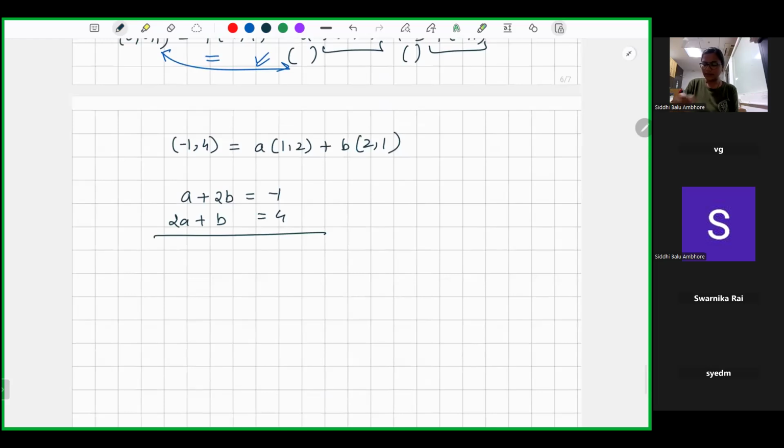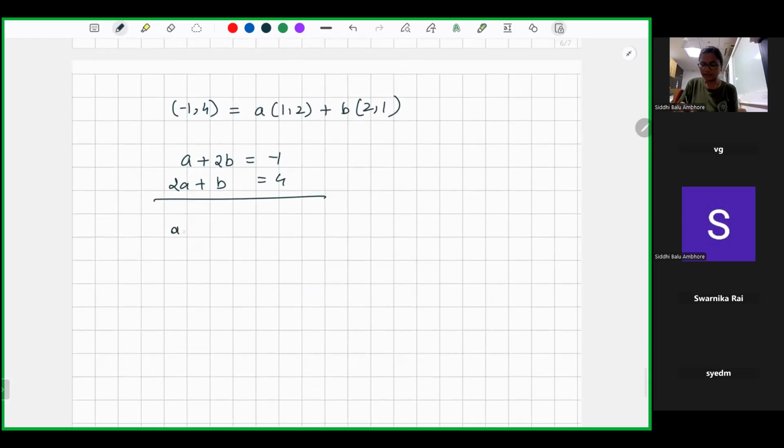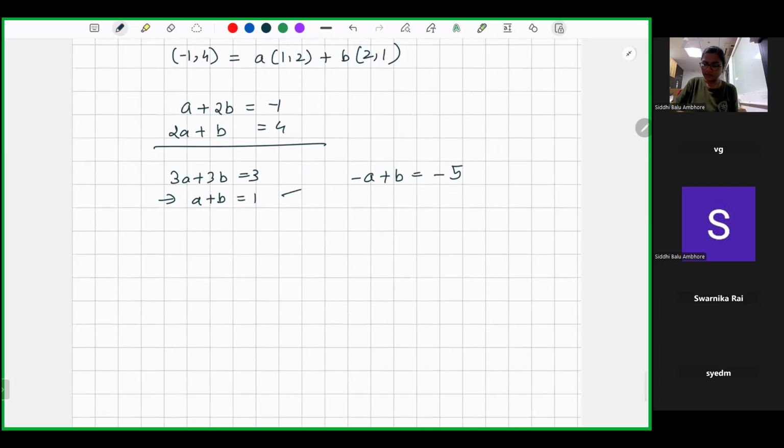If I add them, this will be 3a + 3b = 3, so this gives me a + b = 1, and subtracting gives me -a + b = -5, I guess. Yeah, -5. And then using these two, I will get 2b = -4. So this will give me b = -2.